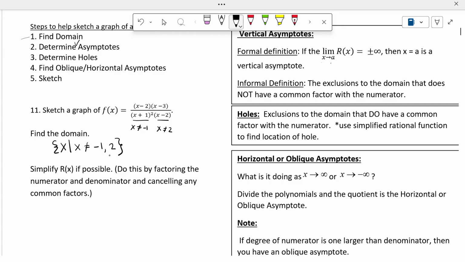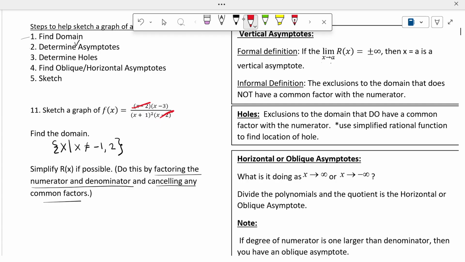Now, something to note here: simplify this if possible, and we do this by factoring the numerator and the denominator and canceling any common factors. It's already nicely factored, and I can see that I have a common factor here and here.